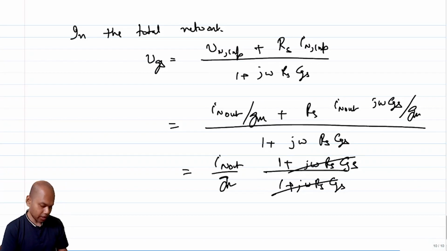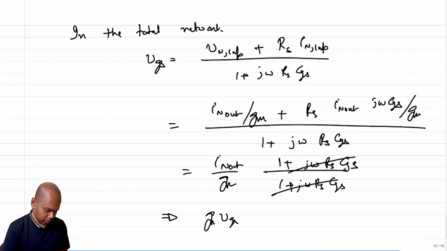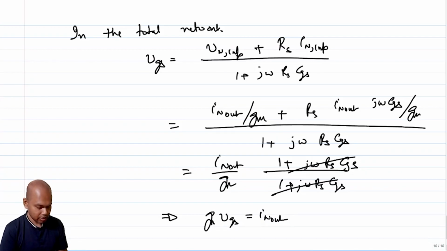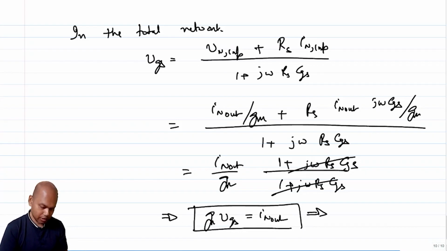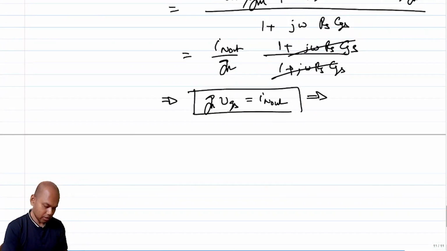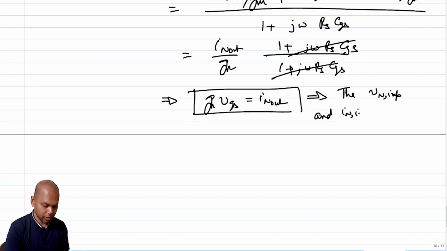So VGS is essentially IN out by GM, which means that GM times VGS equal to IN out, which means that this satisfies, this means that the VN INP and IN INP model is consistent.